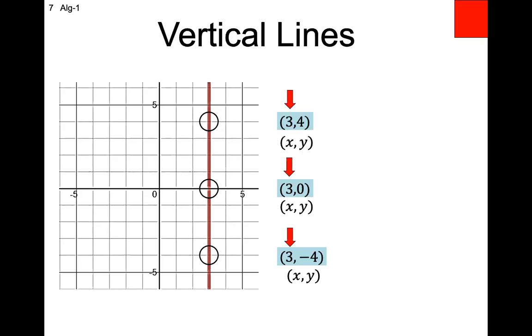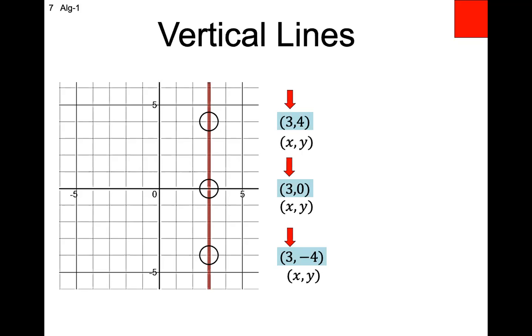Any vertical line will have the X's in common. In fact, I don't even care about the Y. It's a vertical line. All I need to know is where does it cross the x-axis? Guess where it crosses the x-axis? That number, because that number never changes. Every point's going to be 3 something, 3 something, 3 something.